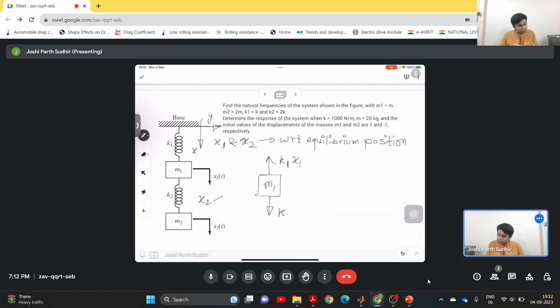To draw the free body diagram, let us assume that x2 is greater than x1, so that the spring K2 is also stretched. The force acting will be tensile, and it will be K2 into (x2 minus x1).